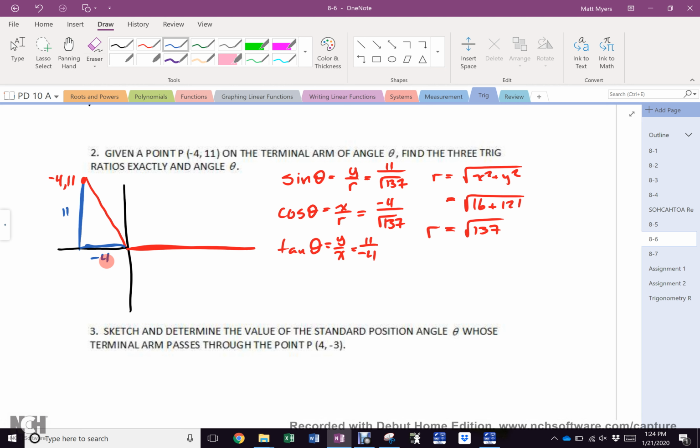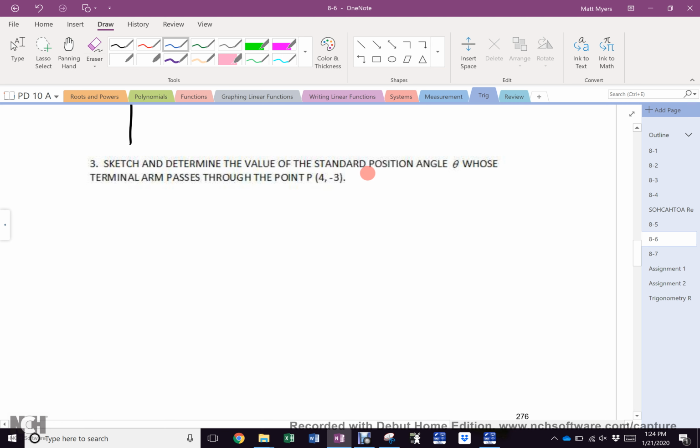Okay. So now you guys try to do number 3 here. Sketch this. Just sketch it. Don't do any trig yet.